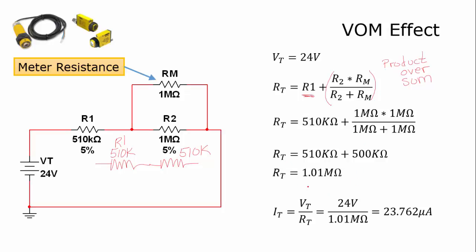Now that I have RT, I can calculate my new IT, which is going to be Vt divided by RT, 24 volts over 1.01 megaohms, is 23.762 microamps. So now, in the same circuit, but with the meter on it, I have 23.762 microamps flowing in this circuit.